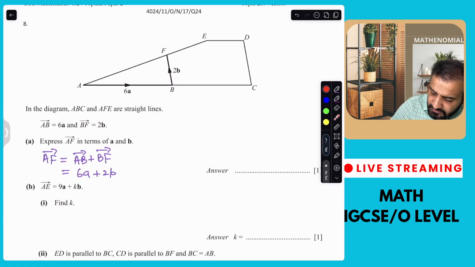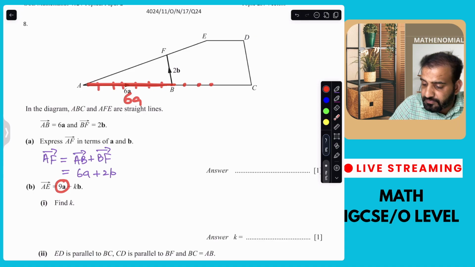If we are moving from A towards E, we are going in the 9a direction. If this is 6a, 9a means we are 3 units forward if we divide it into 6 equal parts.